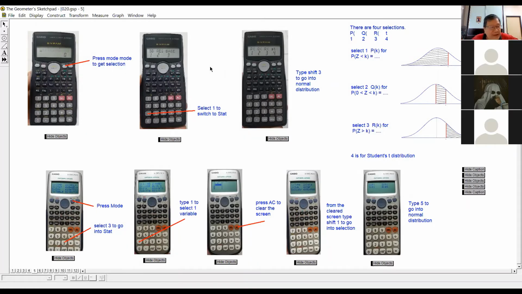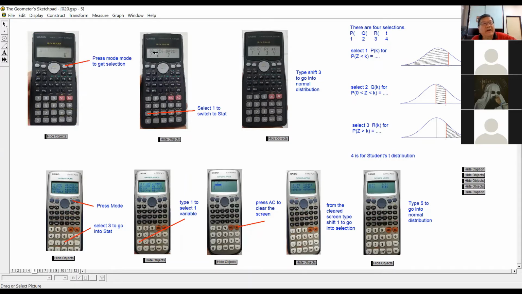Okay. MS is very easy to use, right? So I'll tell you how to use the MS first. You press the mode button until you see this, I think you press it twice. Then you will see this display here.